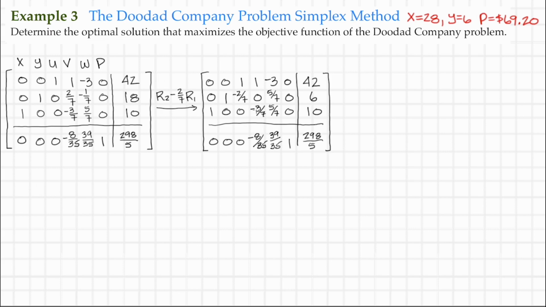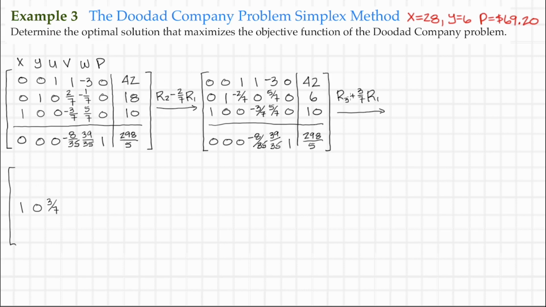We could target this value here. So then we'll do row 3 plus 3/7 of row 1. We'll continue over here. 0, 3/7 is 0, so 1, so we bring over the 1. 0, 0, 0. 1 times 3/7 is 3/7. 0 plus 3/7, that's 3/7. 1 times 3/7 is 3/7.